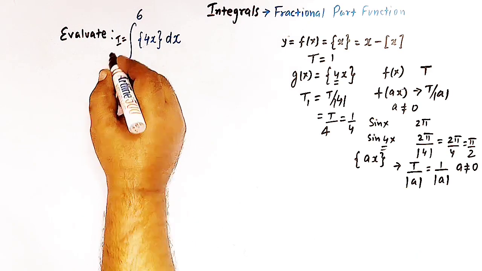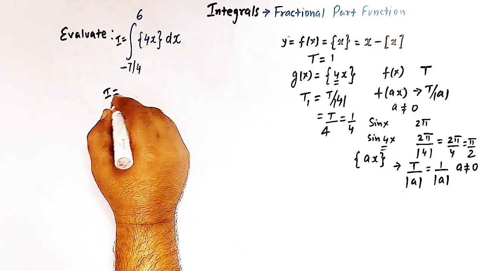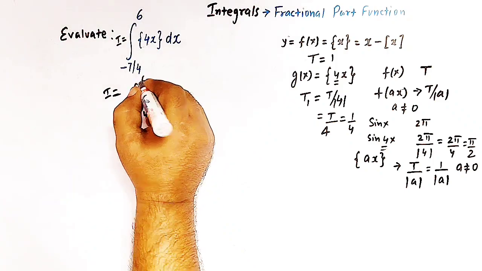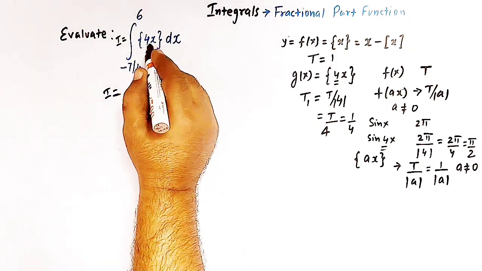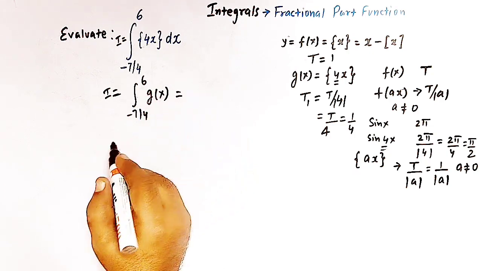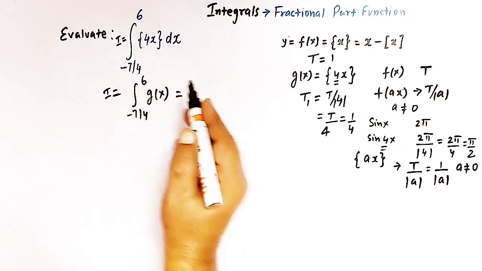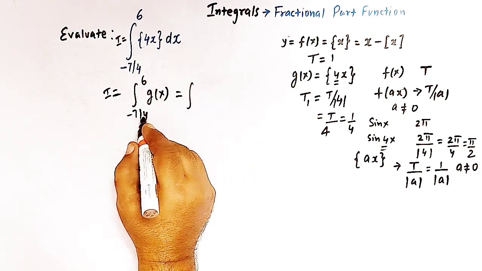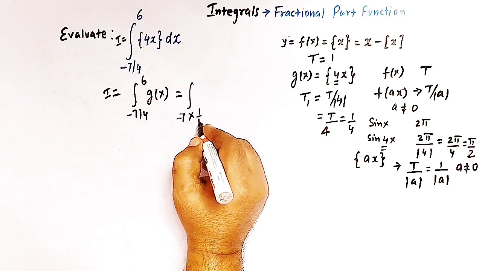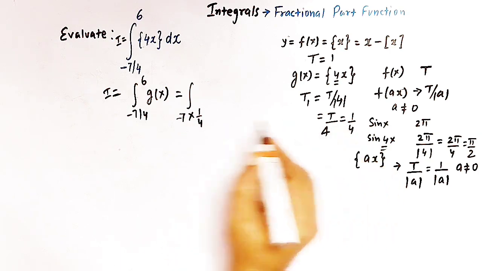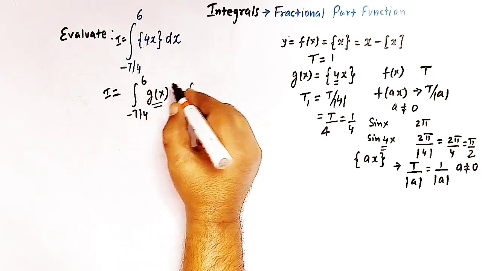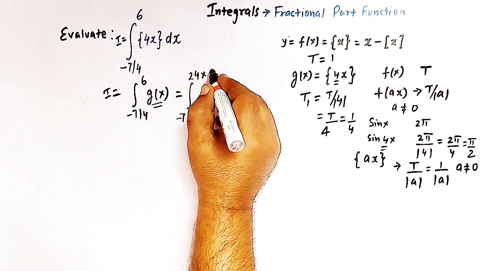Now let us write this integral I as the integral from minus 7 over 4 to 6 of the fractional part of 4x, which can be written as g of x. Now let us rewrite the limits: minus 7 over 4 can be written as minus 7 times 1 over 4, because 1 over 4 is the period of g of x, and 6 can be written as 24 times 1 over 4.